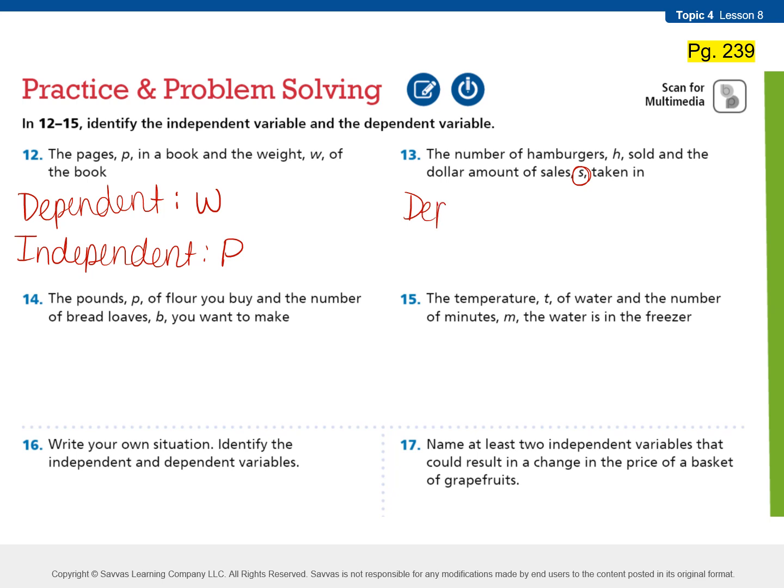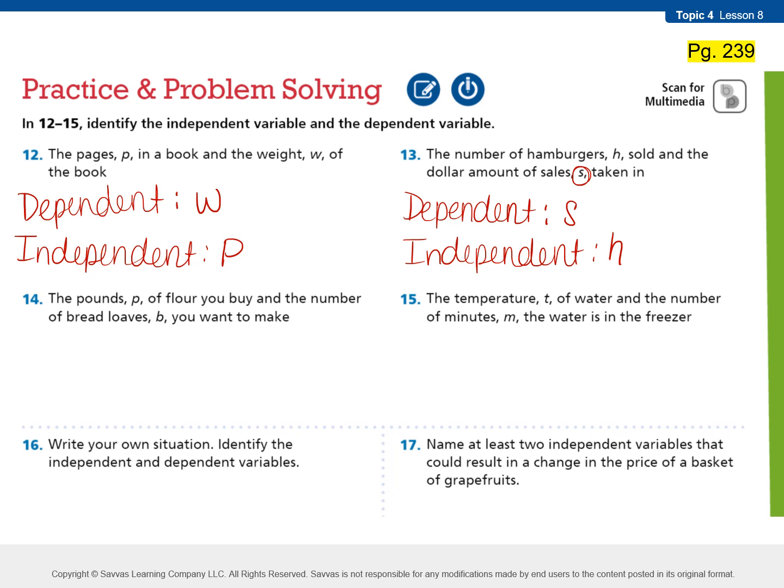So the dependent one is your number of sales. Your independent variable would be the hamburgers, which was H. So again, my dollar amount of sales will change, and it's depending on how many hamburgers are sold. So the dollar amount of sales S is the dependent.